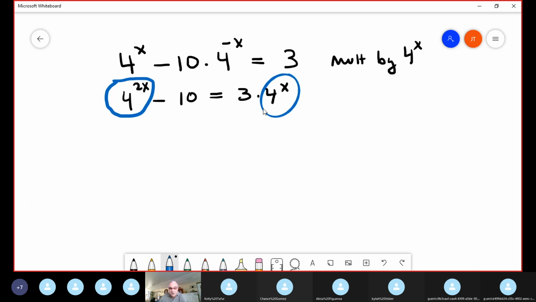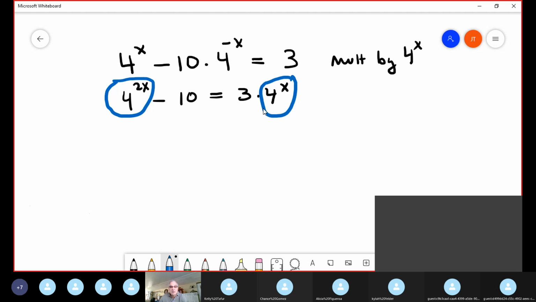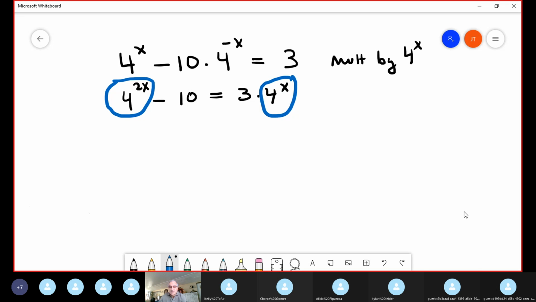Do you remember this kind of equation? Do you remember or you don't remember? Yes, what's the name, Natalie? Natalie said yes. What is the name of this equation? And what is the strategy for solving this?